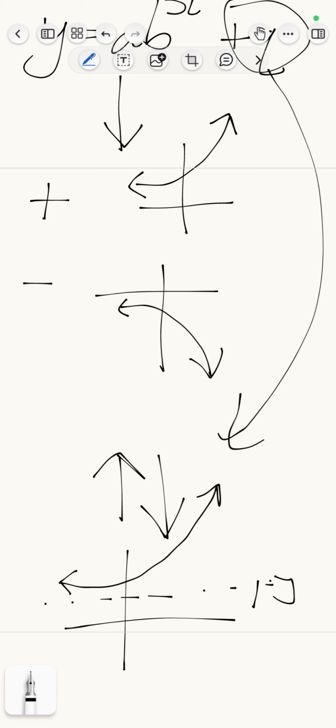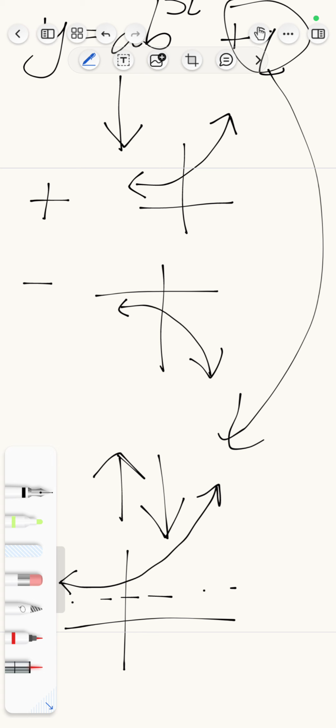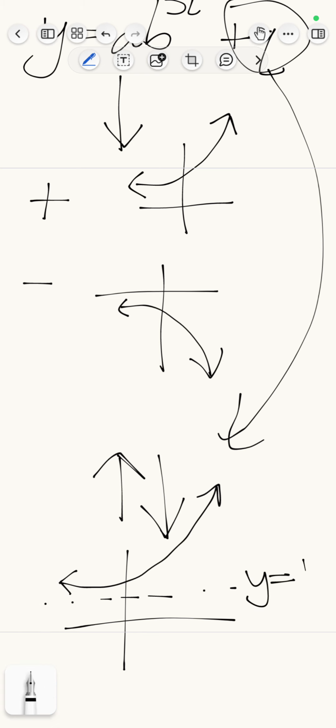So instead of having your asymptote at your x-axis, the asymptote now is at y is equal to 1. So the entire graph moved up 1 unit. All of your graphs, q is going to do that. Q is going to shift the graph up and down.